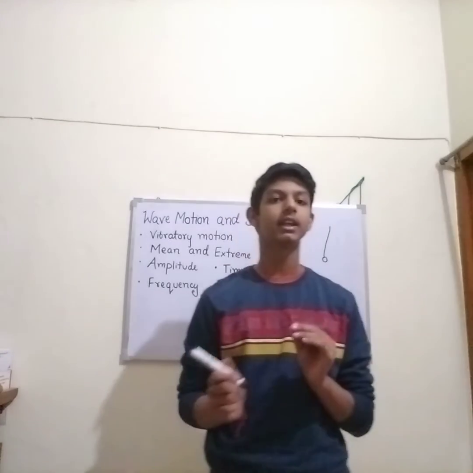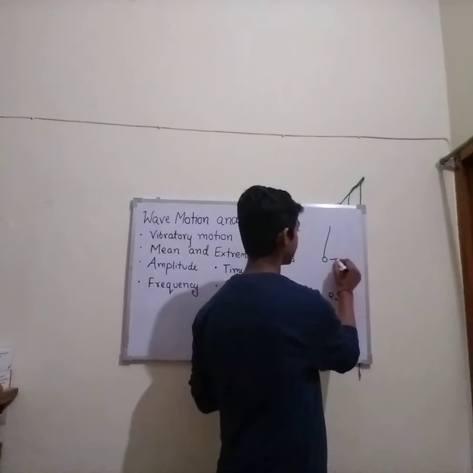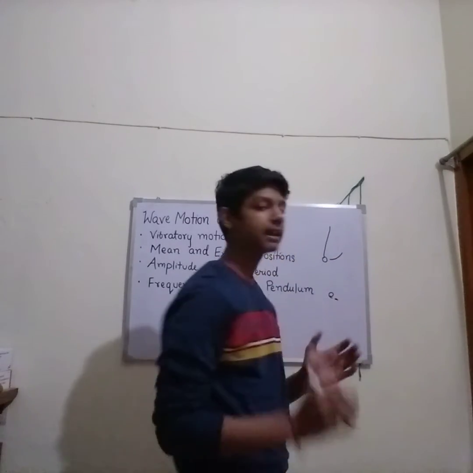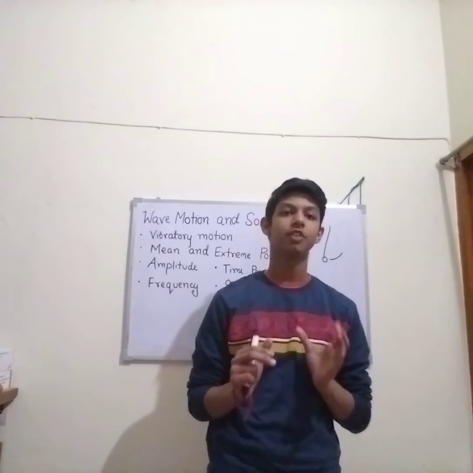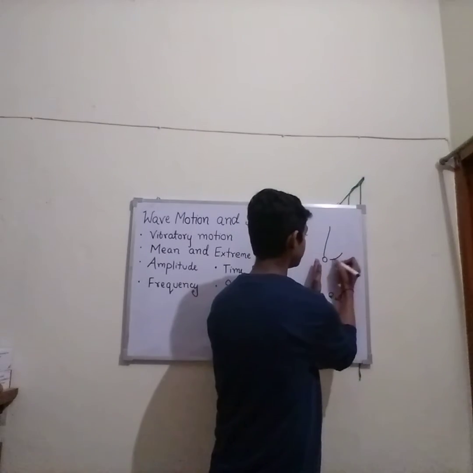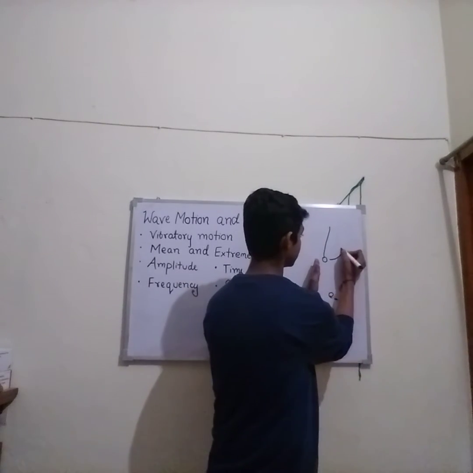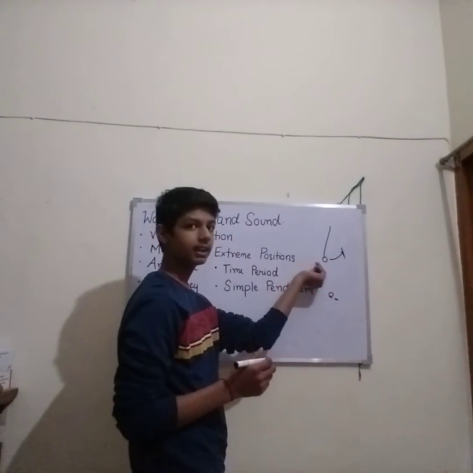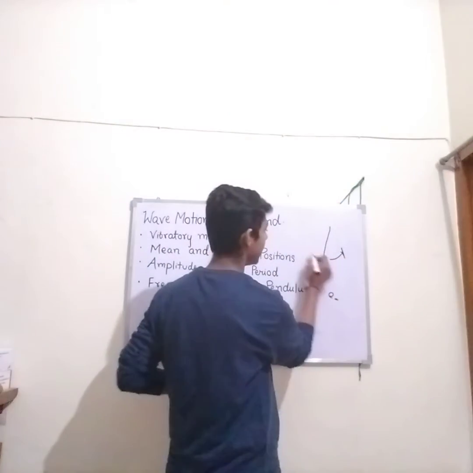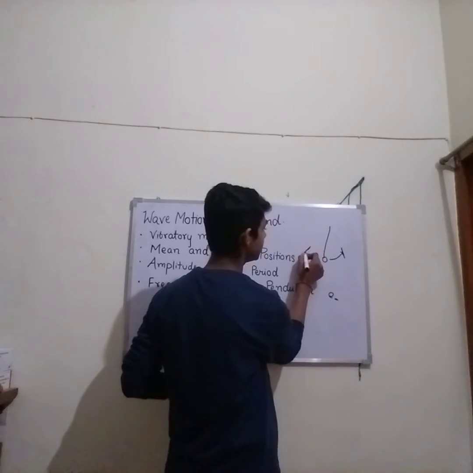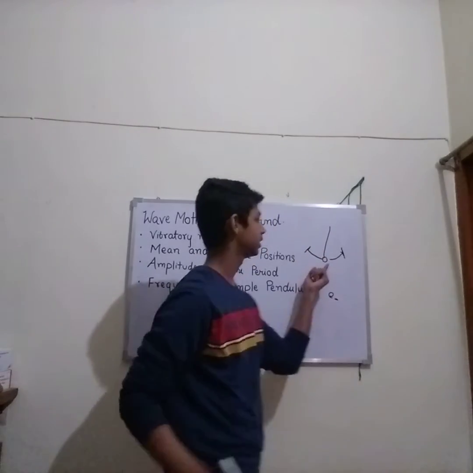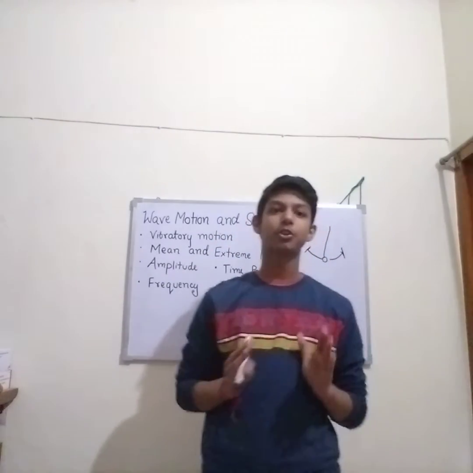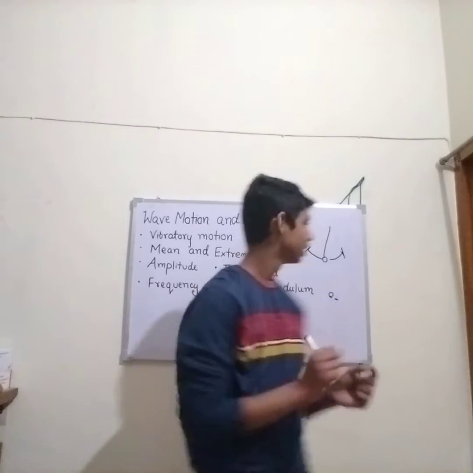Then we note that the distance traveled by the bob in both directions is the same, which means if we push it to this position, it will come back, reverse on its path, and cover an equal distance from the position from which we started.